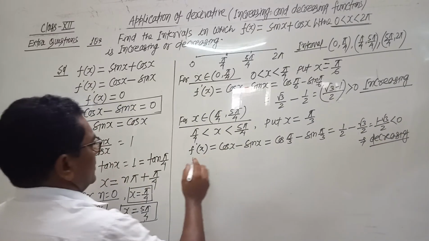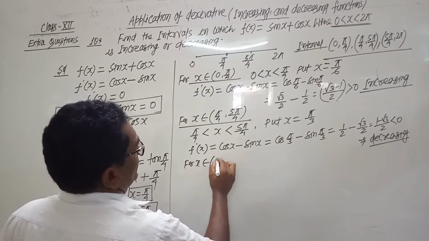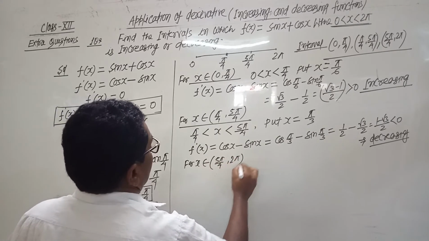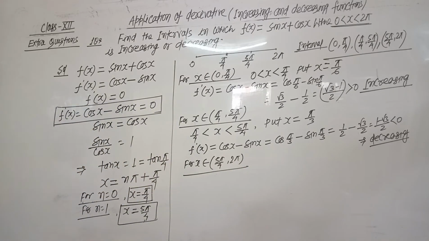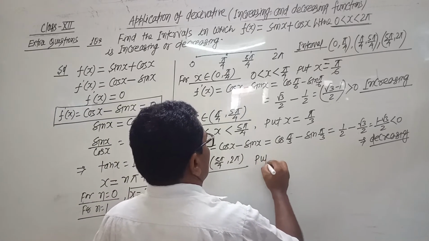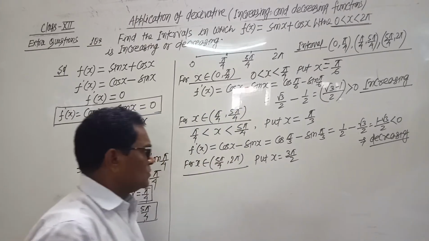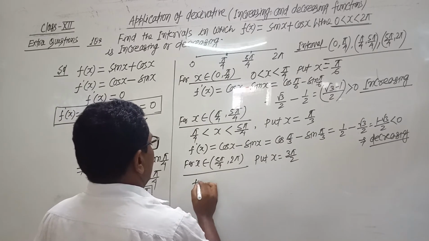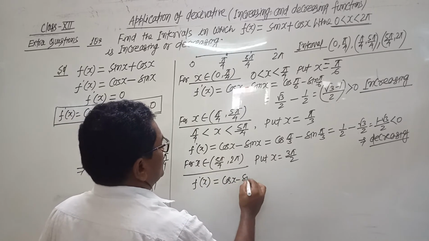Now, for x belongs to 5 pi by 4 to 2 pi, the value of x lies from 5 pi by 4 to 2 pi. We can take x equals 3 pi by 2. 3 pi by 2 means 270 degree, and f dash x is cos x minus sin x.